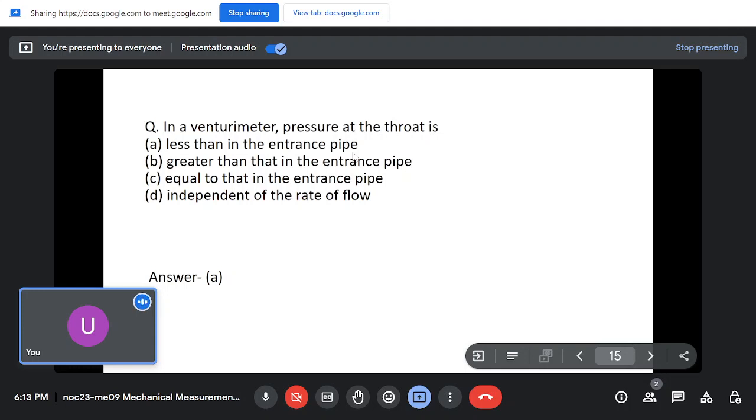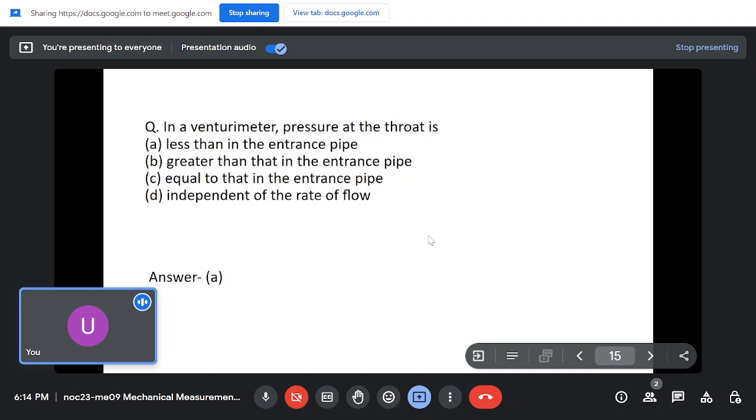And as the diameter reduces, since the flow is constant, Q will be area times velocity. So as the area reduces, your velocity should go up for a constant flow rate. When the velocity goes up, your pressure will automatically come down from Bernoulli's equation.